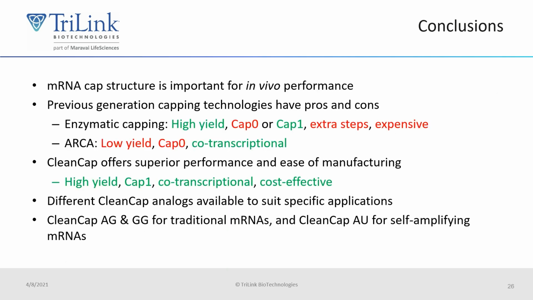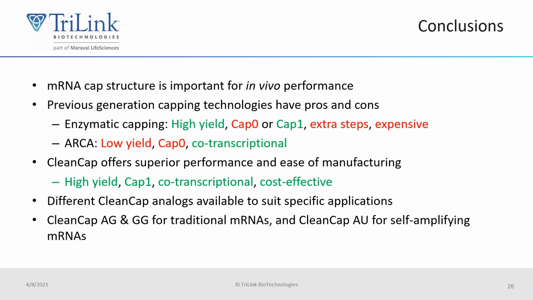And now we'll review some conclusions from the slides presented today. mRNA cap structure is important for in vivo performance. Previous generation capping technologies have their pros and their cons. Enzymatic capping, while typically high yielding, does have the capability of producing either Cap0 or Cap1 structure, requires extra processing steps, and is typically very expensive.